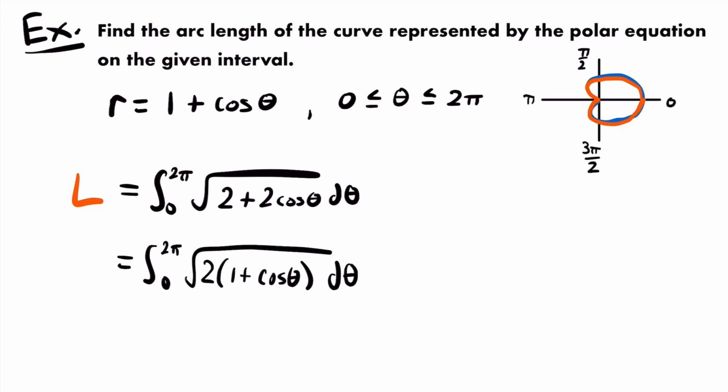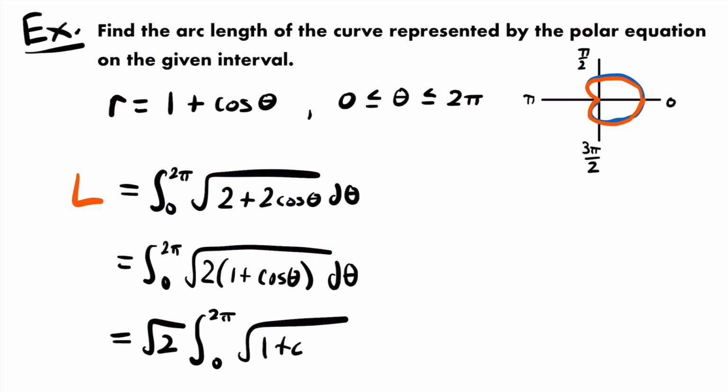All right, now what we can do is take the square root of each of these parts individually. We'll have the square root of 2 and then the square root of 1 plus cosine theta. And then we can pull out that constant of the square root of 2 to the front of the integral. And that will look like this. We'll have the square root of 2 times the integral from 0 to 2 pi of the square root of 1 plus cosine theta d theta.